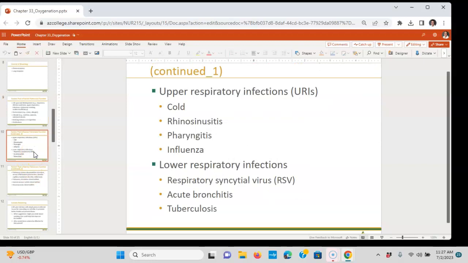Upper respiratory infections, URIs: colds, rhinosinusitis, pharyngitis, influenza, those kinds of things are considered upper respiratory infections. Lower respiratory infections: RSV, that's prevalent in kids, acute bronchiolitis, bronchitis, and tuberculosis.